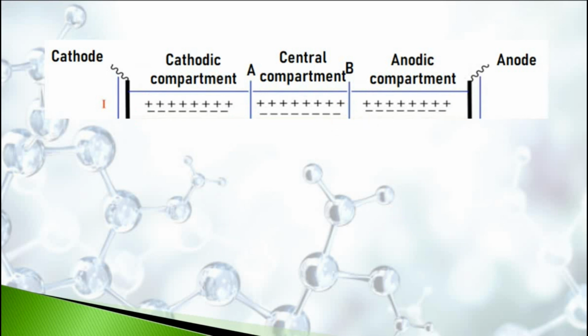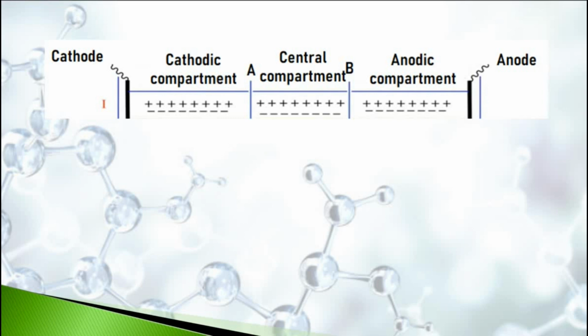Now, what will be the result if potential is applied across cathode and anode? You can very well tell. On applying the potential, the ions will start moving towards their respective electrodes. As we have just said, each compartment has 8 pairs of cations and anions. That means each of the compartments is electrically neutral.